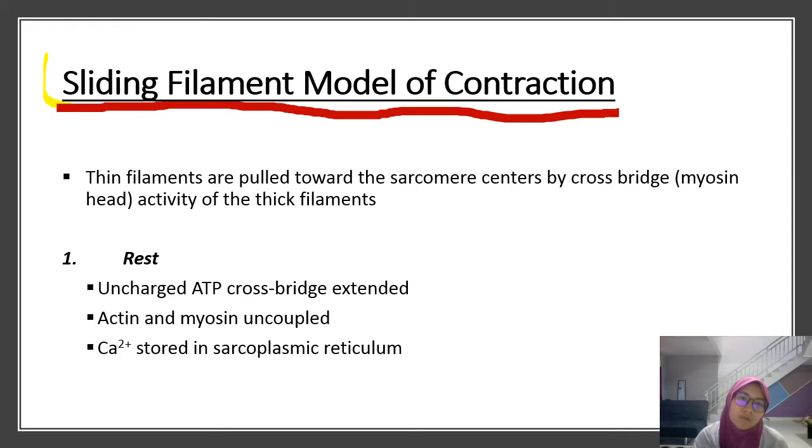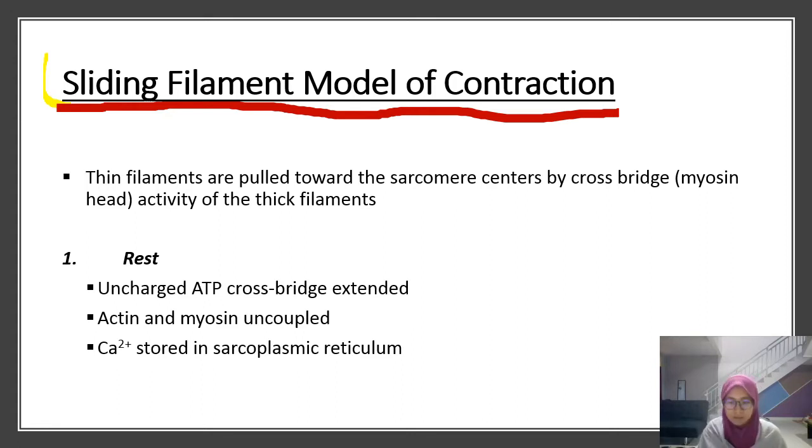Sliding filament model of contraction means when the thin filaments, the actin, are pulled towards the sarcomere centers by cross bridges.